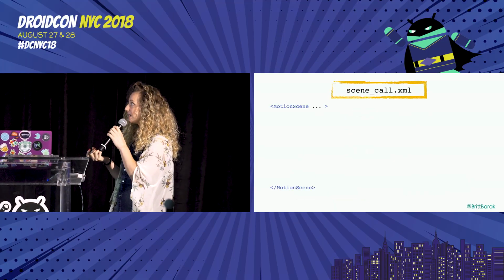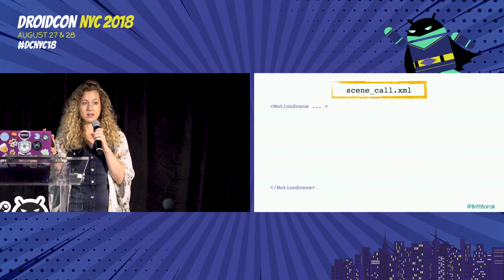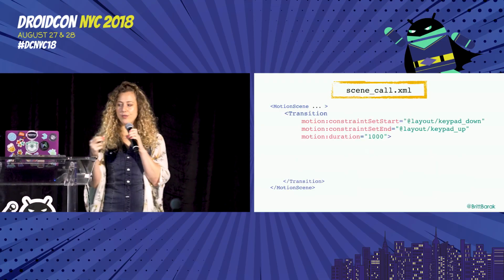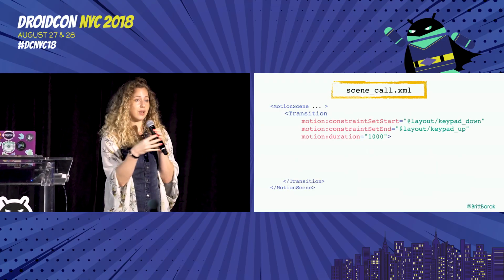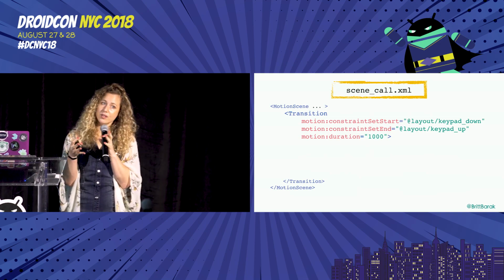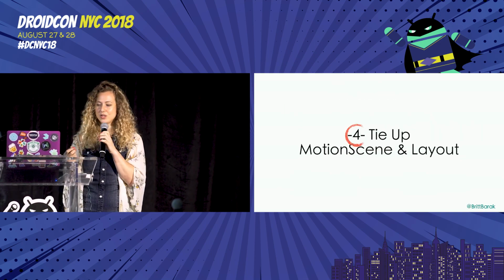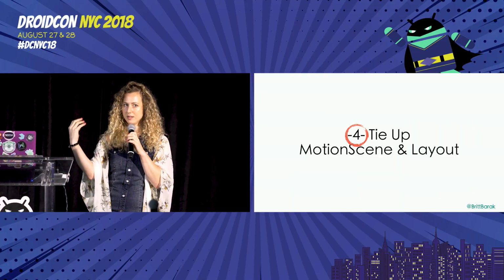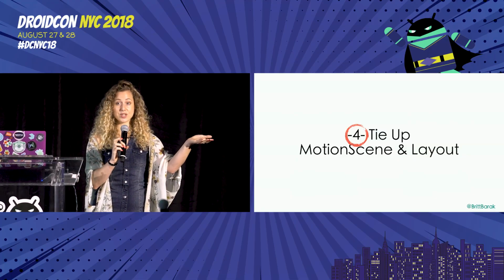How does it look? Basically, all you need to do is create an XML file wrapped in a motion scene tag. In the motion scene, the first thing you want to do is define the transitions, just to say go from this layout to the other layout. And that's it. Now we need to tell the original red layout that this is the animation you're going to make.